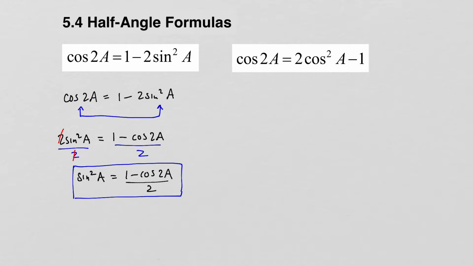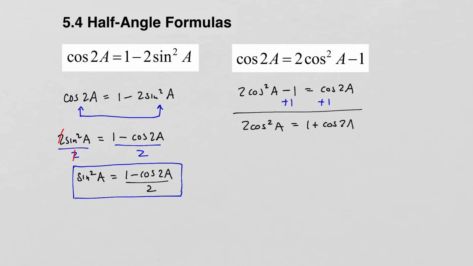And then we can basically do the same thing here. We can solve for cosine of a. And so I'm going to write this down as 2 cosine squared of a minus 1 equals the cosine of 2a. So I just switched sides there. And then if I add 1 to both sides, that will give us 2 cosine squared of a is equal to 1 plus cosine of 2a.